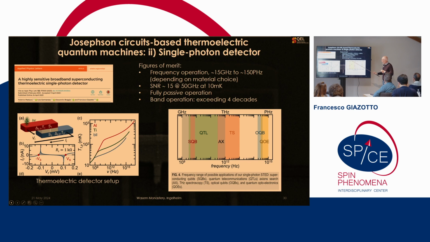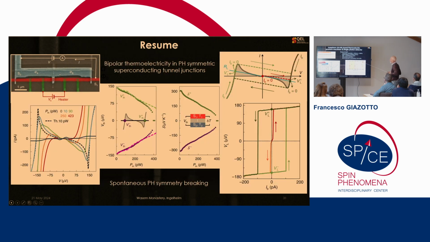As I was saying, it's fully passive, and then for a given material, the operation band can exceed, theoretically demonstrated, can exceed four decades. So this is, in some sense, a promising system.